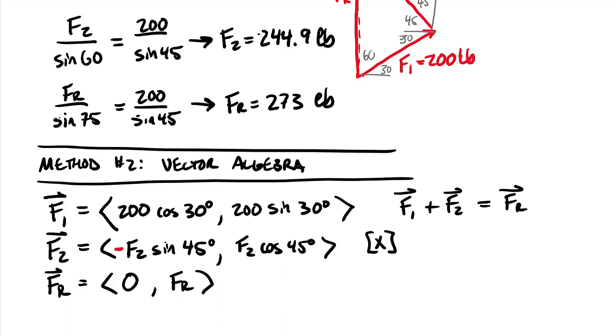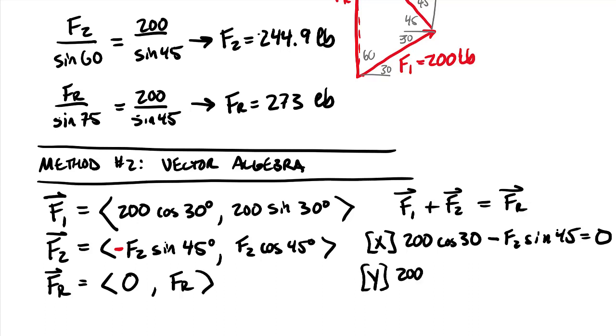The x version of this equation would tell us that 200 cosine of 30 minus F2 sine of 45 is equal to 0. And then the y version tells us that 200 sine of 30 plus the component here of the F2 in the y direction is positive. So F2 cosine of 45 is equal to 200, equal to FR.